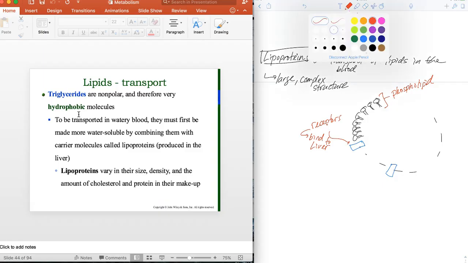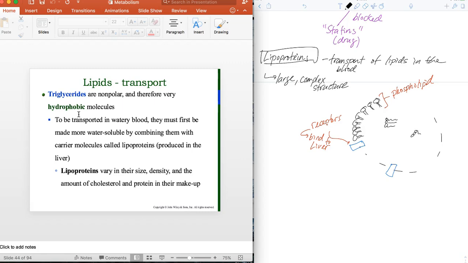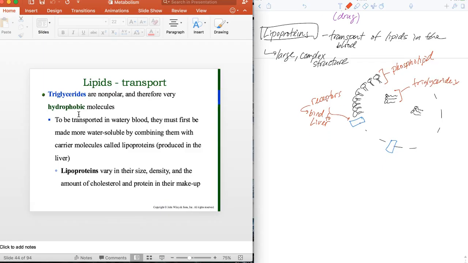Within the lipoprotein, you could also have these guys in here. Those structures there are the triglycerides. All right. And these lipoproteins can come from different sources.